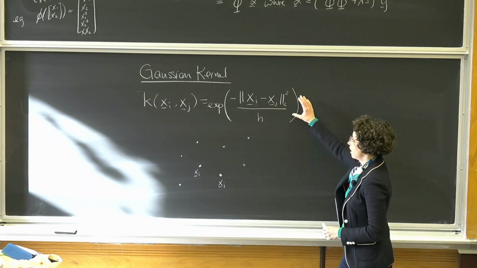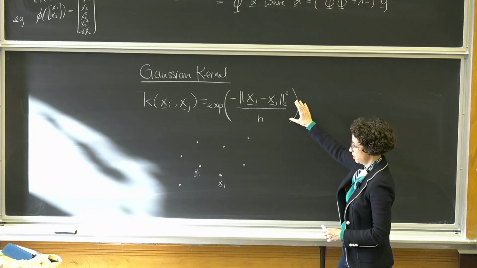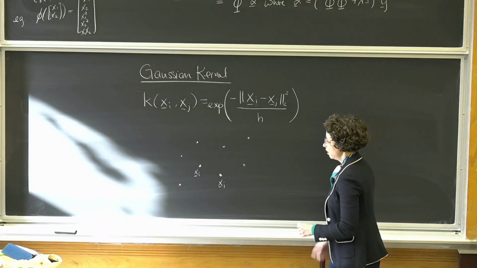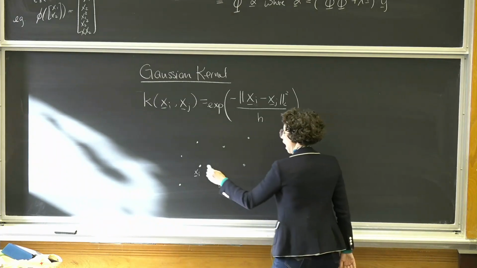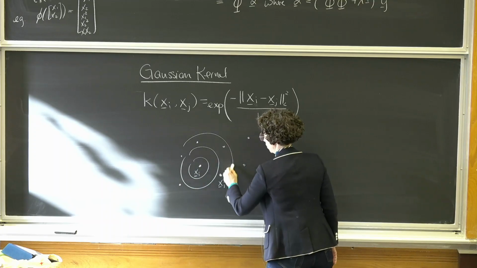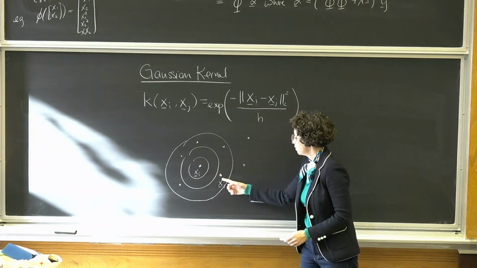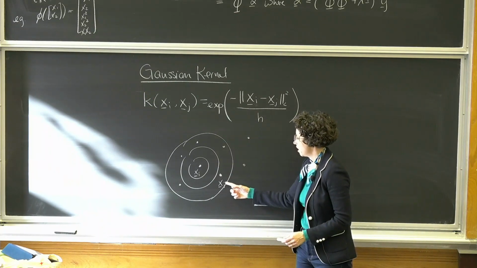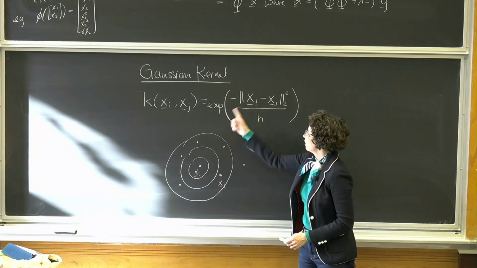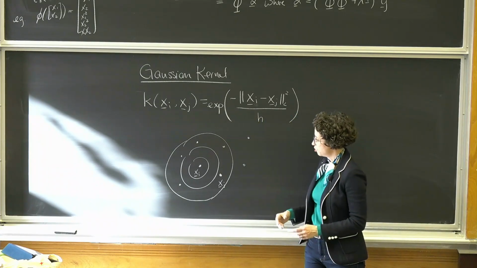So I'm saying that the corresponding entry in the kernel matrix, kij, is going to depend on how far away. I can think about having a little Gaussian bump centered around xi, and I'm seeing how far away xj is from it. And then I am looking at the opposite of that and exponentiating.